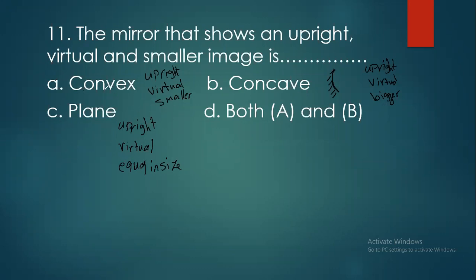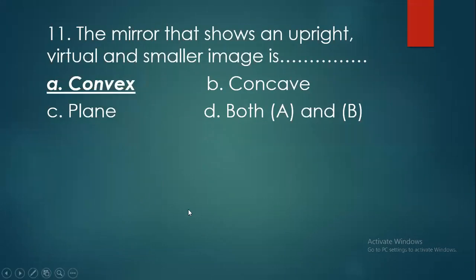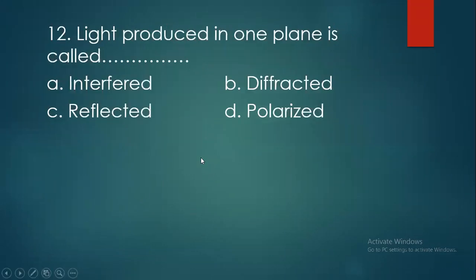That is the convex mirror. Just a quick review. Upright image means the image is not upside down. It is normally oriented, right? A virtual image is the image that cannot be received on a screen. And the size, as you can see, there are differences between them. So here, the only option is that convex mirror.